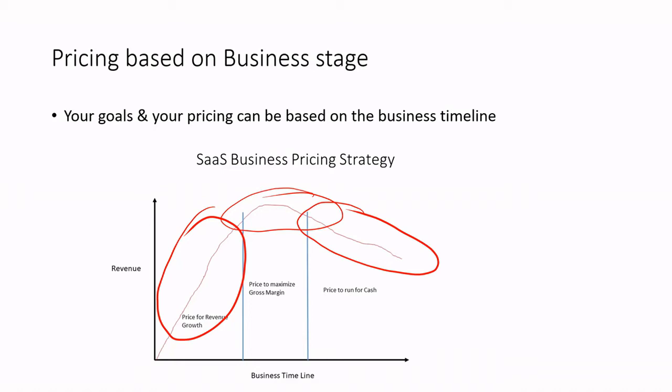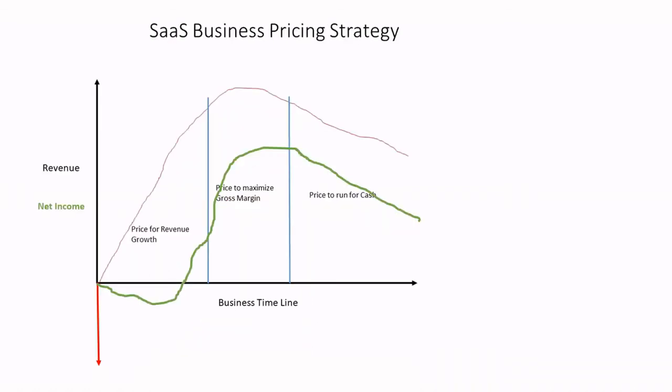Maybe market conditions have changed, maybe technologies have changed, new competitors have entered into the marketplace, and we're starting to see a decline in users for our application and a decline in revenues. And so again, we may need to change our business structure and our pricing strategies in order to maximize the monetization of this business during this decline phase. This becomes even more important as we start to think about net income over time, as well as revenue over time.